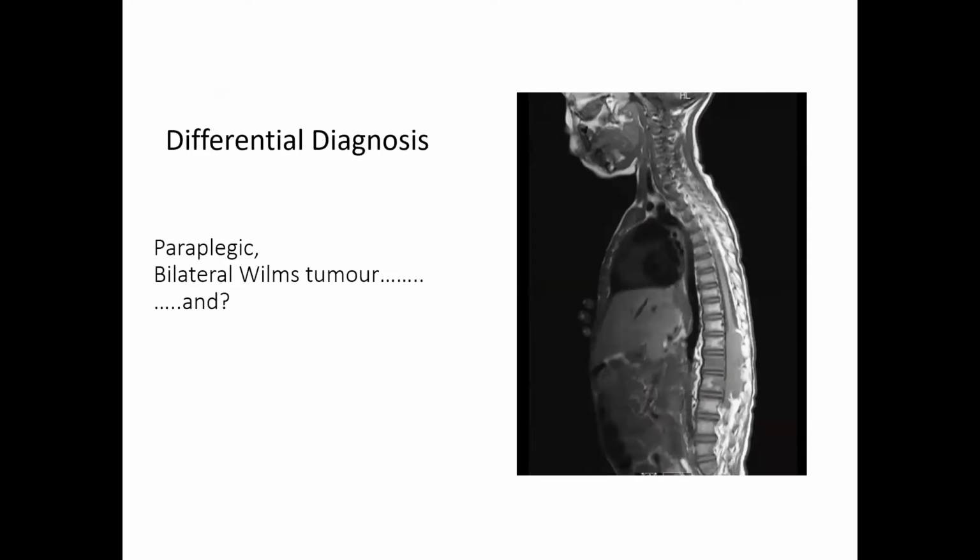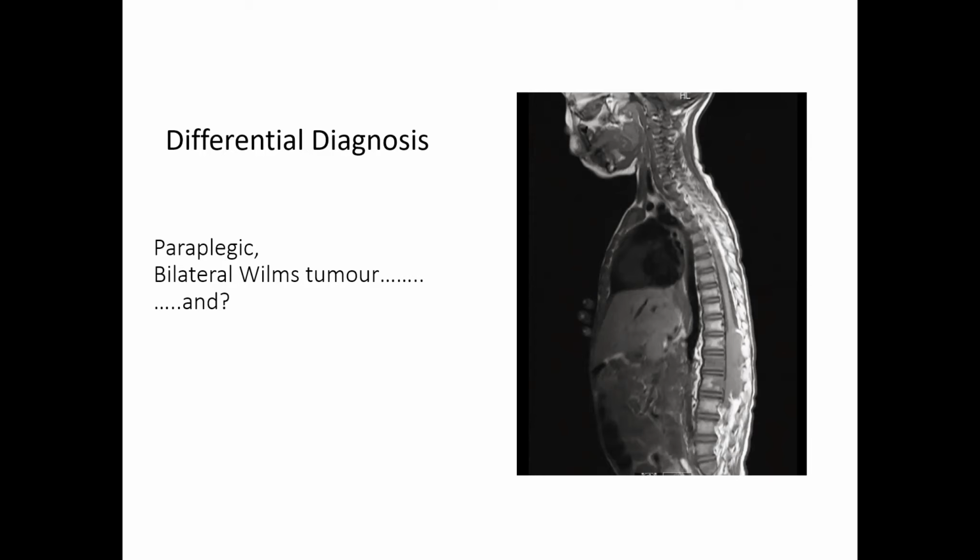But now, what are you going to do with this? Patient comes in paraplegic with bilateral Wilms tumor, right? And this is the picture that you're faced with. You can see that there is the same collection of, let's call it a collection of whiteness underneath the anterior spinal ligament. There is a change in signal in the upper, probably lower thoracic vertebra, and there is a mass lesion in the spinal canal.